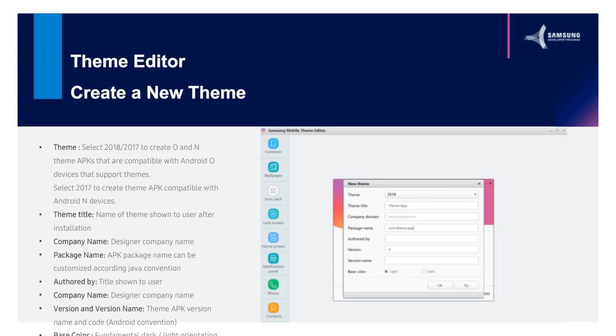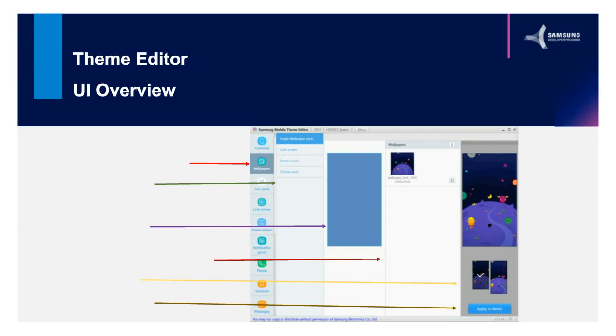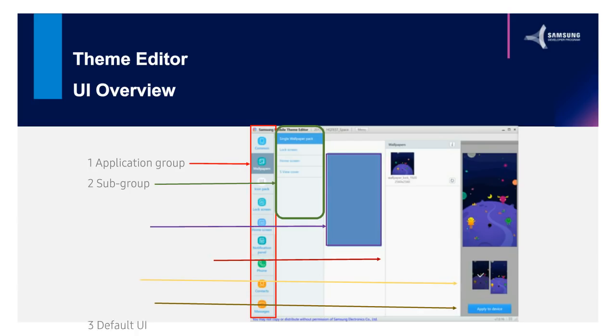Once you click on OK, you will come onto this screen where you see all the options that you can customize. And I have a much more detailed version of that screen right here. Okay, so number one is the application group, where we have listed all the applications that can be customized. The first one is common, so it's very literal: whatever changes you make in common will be reflected under multiple screens. The second one is the subgroup for each application.